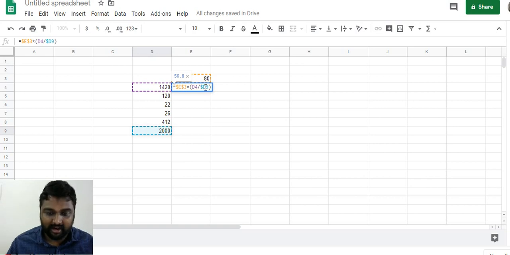Can anyone understand what I am doing? I am using an equation.